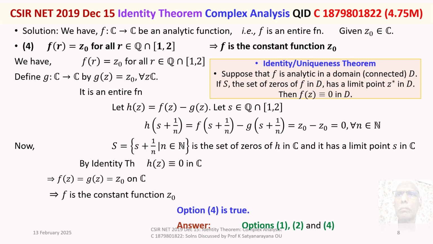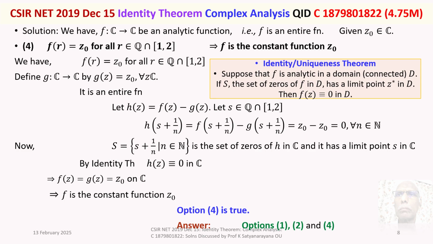And an observation of all these question papers of the CSIR National Eligibility Test tells us that the identity theorem or uniqueness theorem is very, very important, and many times its applications come in the exam.